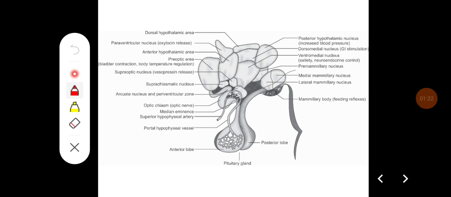This diagram shows the nuclei of the hypothalamus. These are the anterior, middle, and posterior group of nuclei.